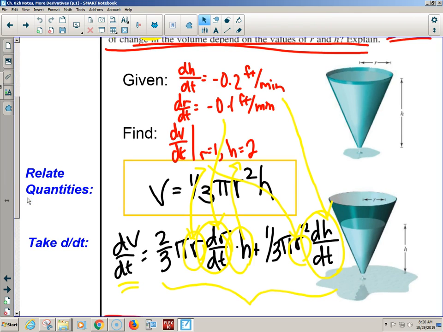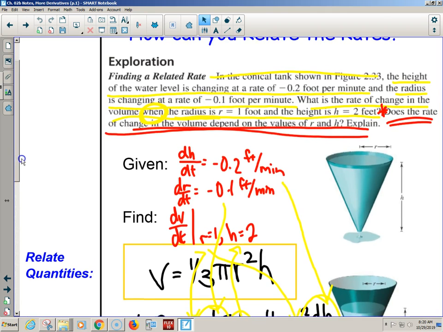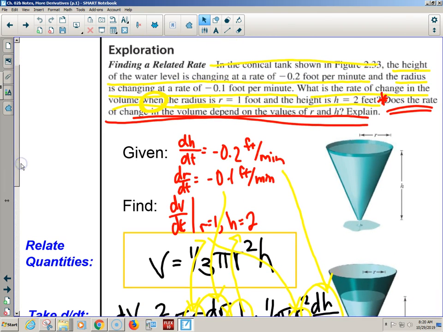Because they gave us, now wait, did they actually literally state dH over dt is? No. Remember, they're giving us a whole paragraph just explaining the situation. It's our job to take this scenario and to model it with math. And so they told us how fast the height is changing. So we just said, oh, easy, dH dt equals.